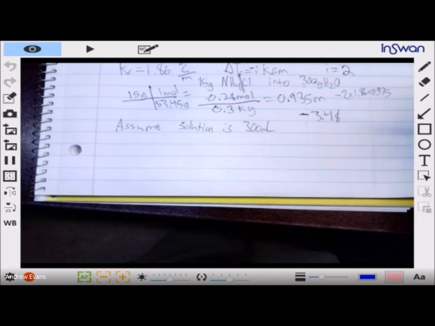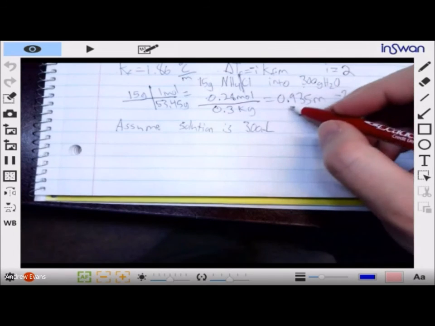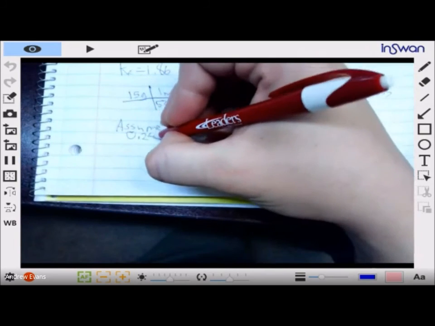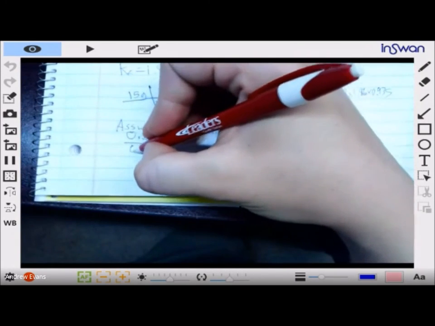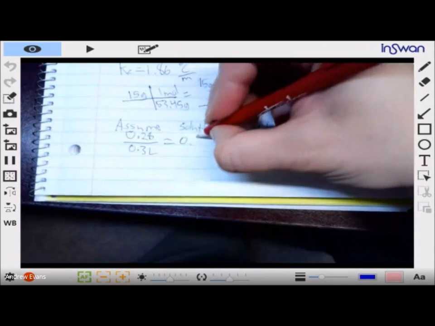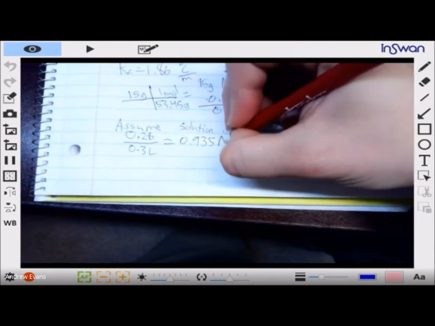I'm just going to make our life a little bit easier for this. So if it's 300 mils, we would still have 0.28 divided by 0.3 liters. So our molarity is still the same.